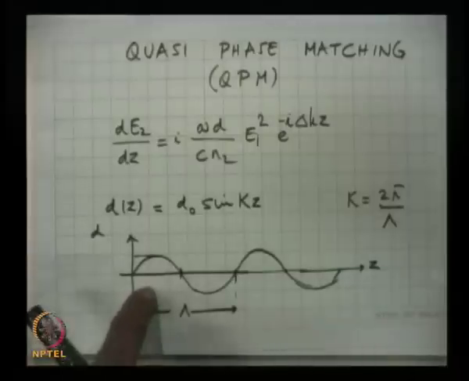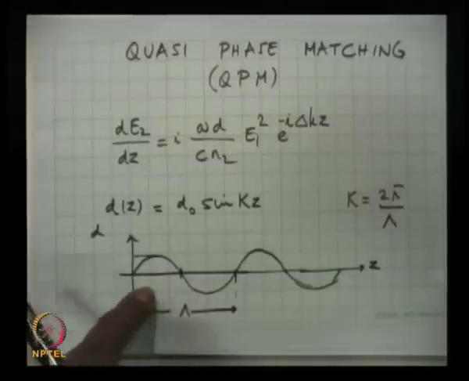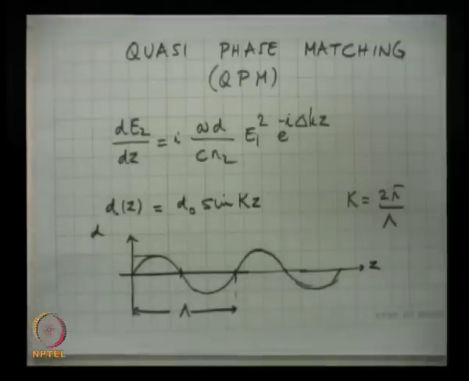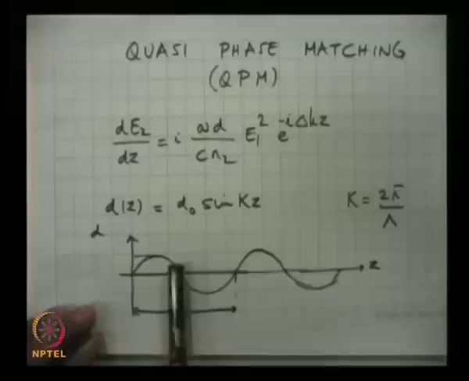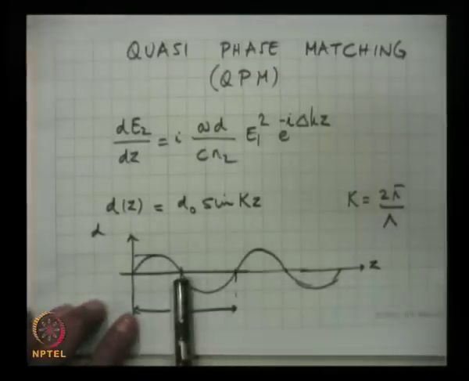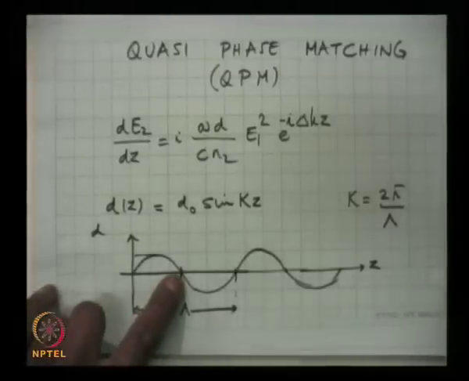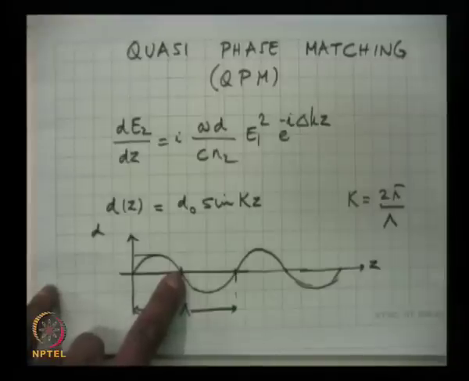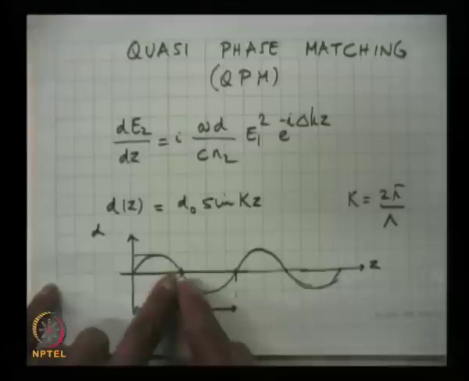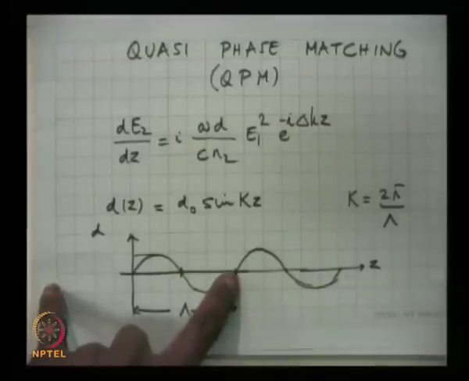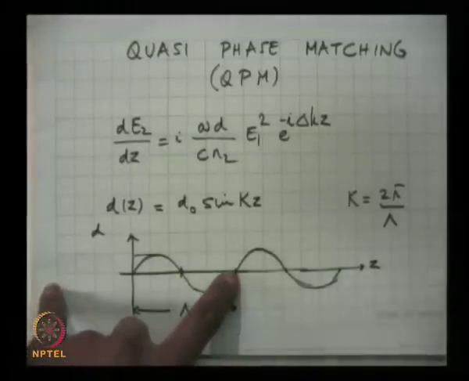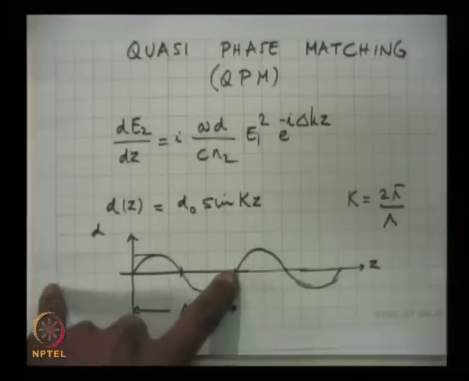Nonlinear polarization is proportional to d. So, when I change the sign of d, I change the sign of nonlinear polarization. So, when the waves are propagating at this distance, the nonlinear polarization and the electromagnetic field get pi out of phase, I force them back in phase by changing the sign of the nonlinear polarization. Again, in propagating through a coherence length, they will generate another phase difference of pi, and I bring them back in phase.